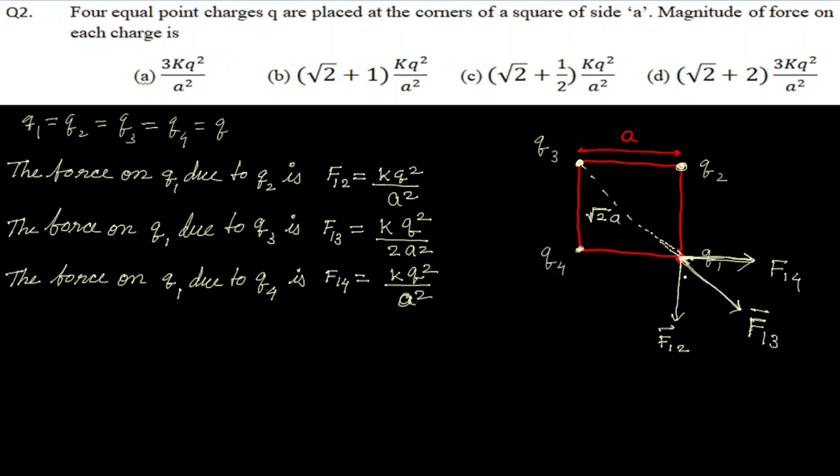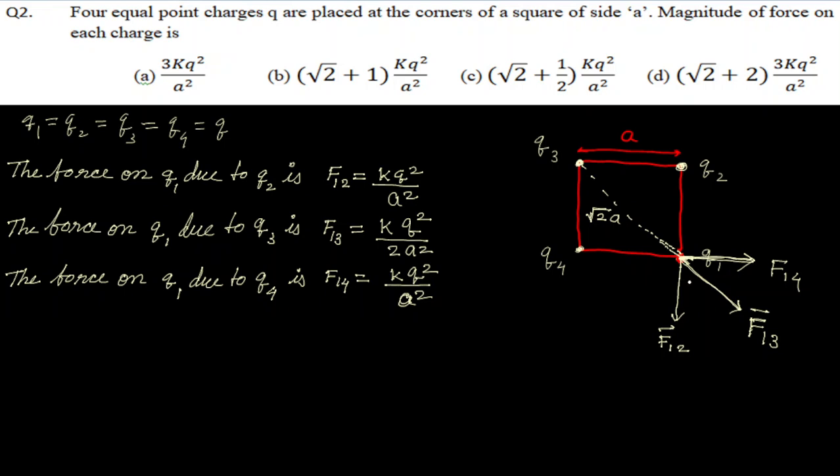Another way we can do it is, if we know the angle between each force, like what will be the angle between F12 and F14, and what will be the angle between F12 and F13, then we can simply decompose them, and from there we can calculate the net force, the resultant force, and which direction it will be.